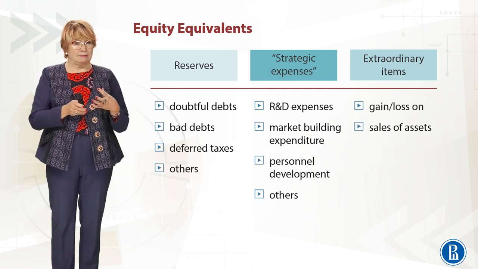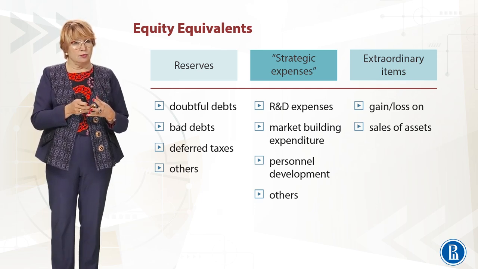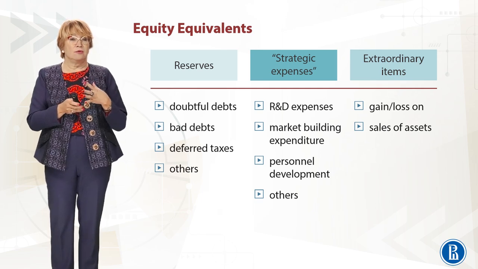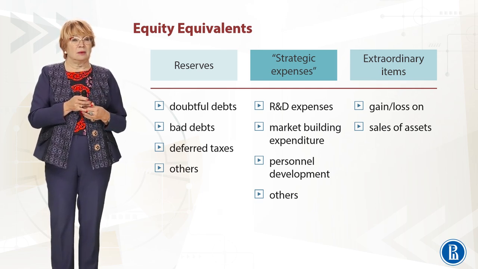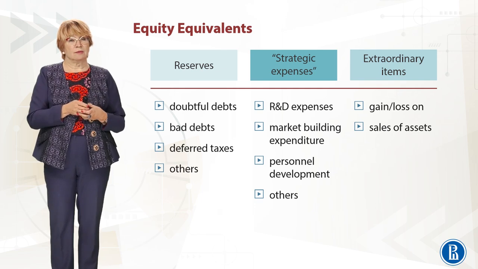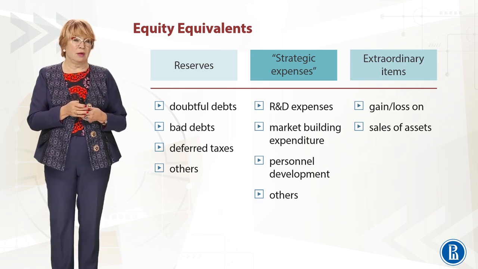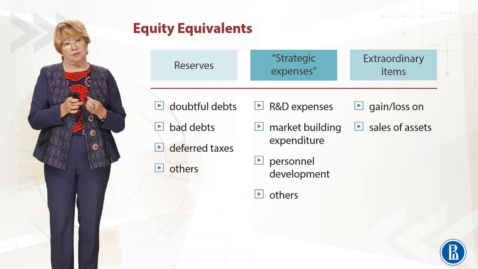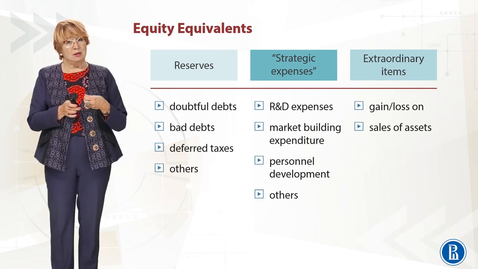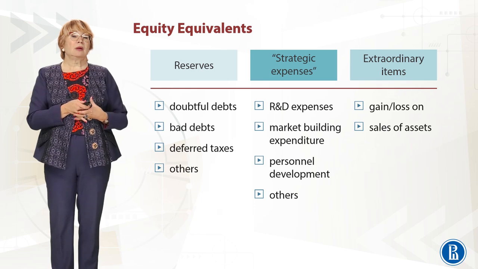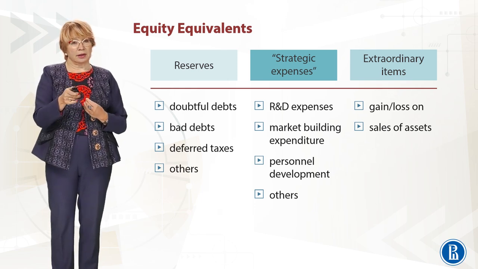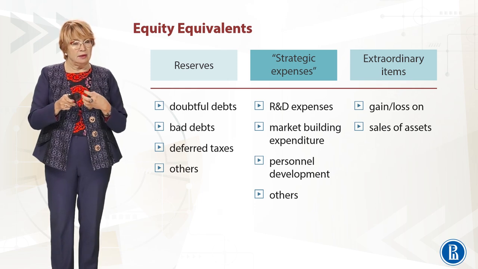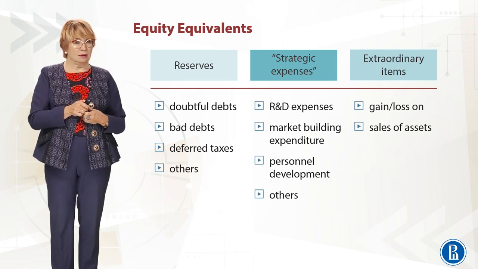Those are the expenses which follow the logic of the financial reporting and accounting standards, formal standards, but in strategic vision, you may think about them not as expenses, but as a type of your capital expenditures. Let's say so-called market building expenditures or personnel development expenditures.